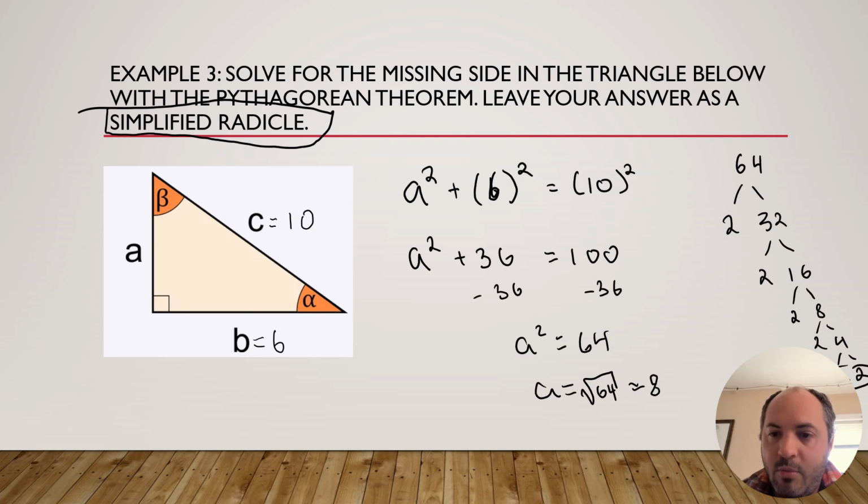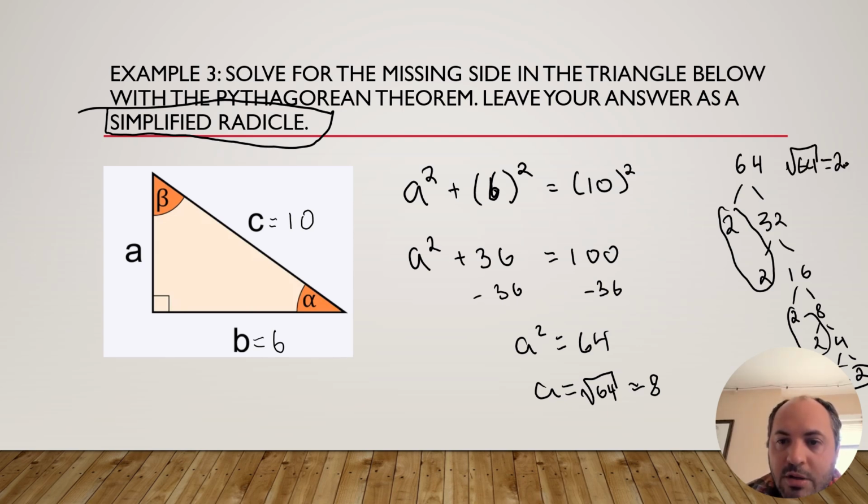Then I can see I have 1, 2, 3 pairs of 2's, so if I look at the square root of 64, I can pull three 2's out front, and since there's nothing left, I will have nothing left inside my square root, so that just goes away, and I get 8. So this is another way I can do this.